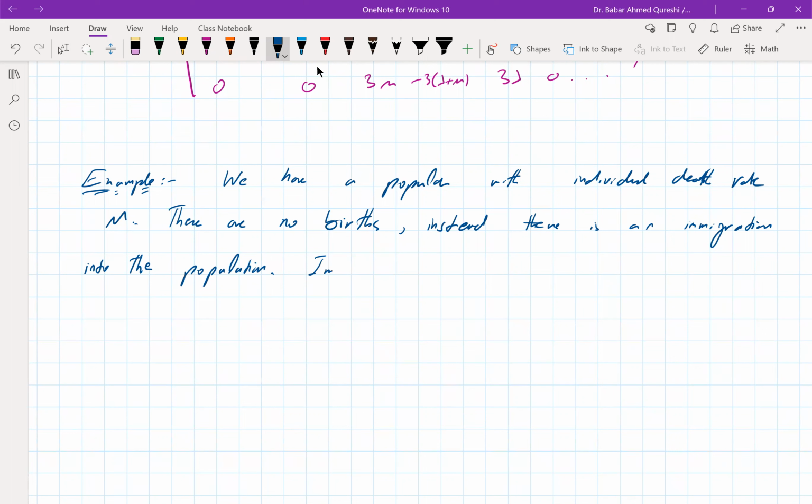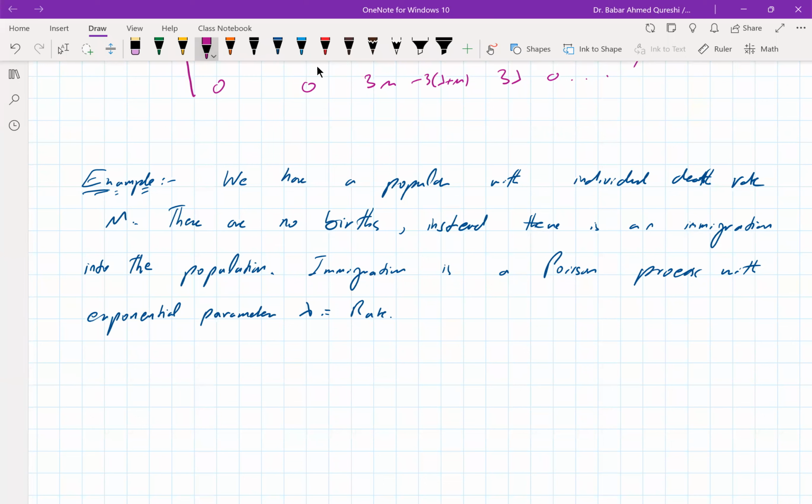So immigration is a Poisson process with exponential parameter lambda. Lambda is the rate. And mu is the death rate for individuals.